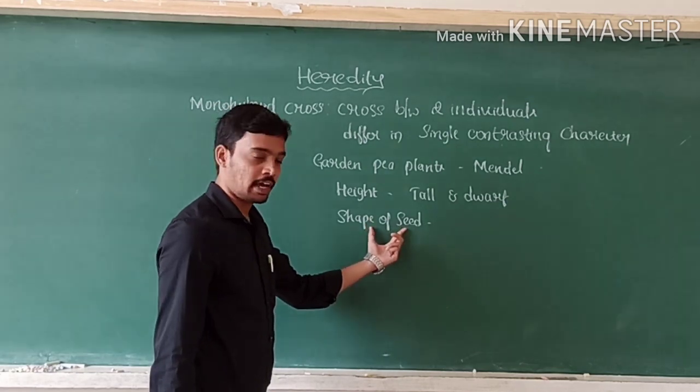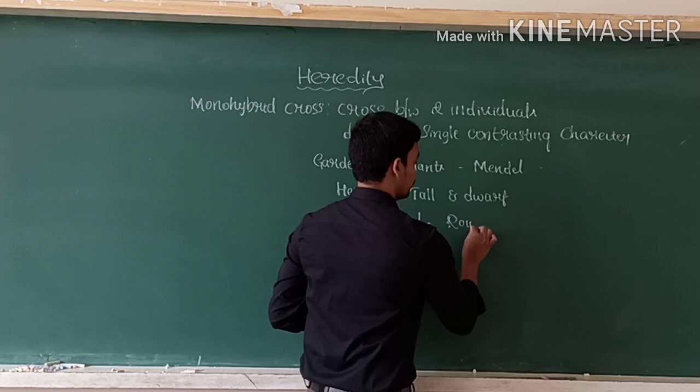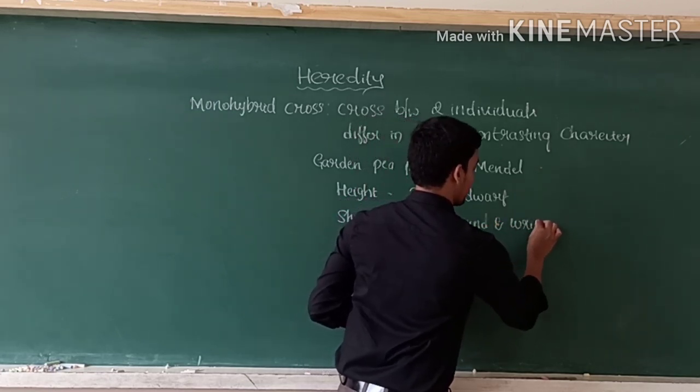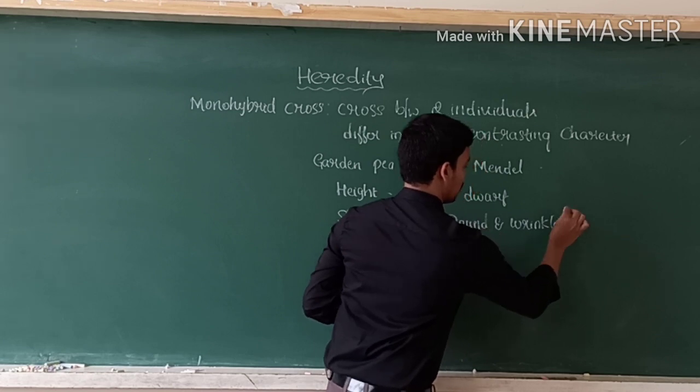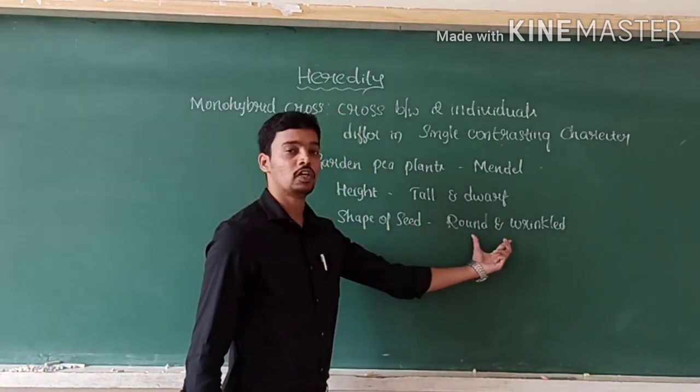Here the shape of the seed is a character, and it shows two contrasting forms: one is round and another one is wrinkled.